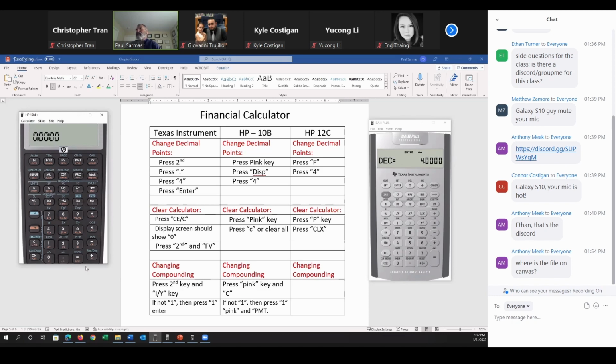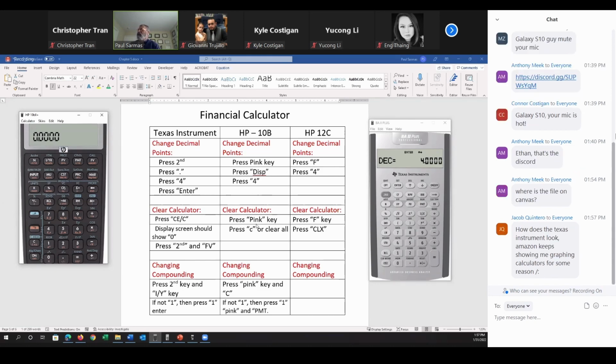To change the decimal points, I assume you don't have 4 decimal points, you press the broken arrow, the pink key, and then the display key, which is the equal sign, and then you put 4, and that should give you 4 decimal points.